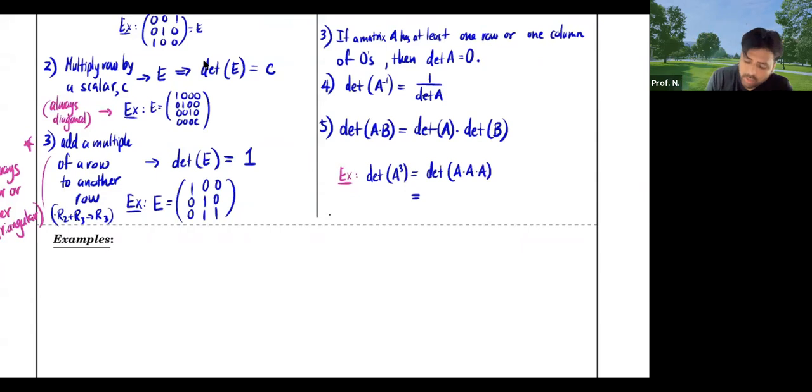So this would be the same thing as saying the determinant of A multiplied by the determinant of A multiplied by the determinant of A, which results in the determinant of A cubed.